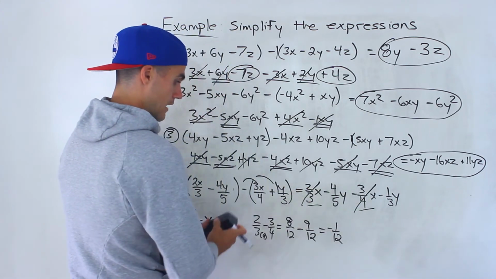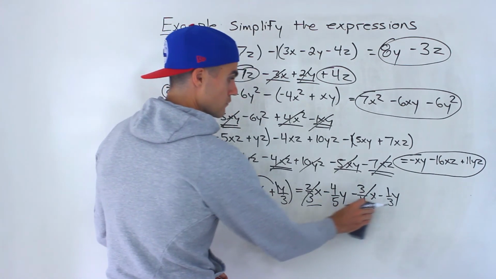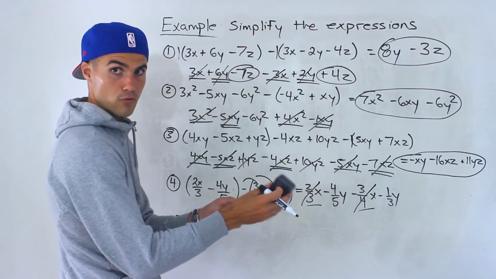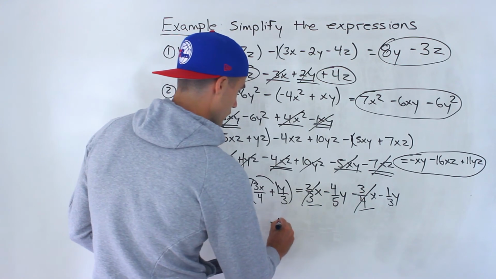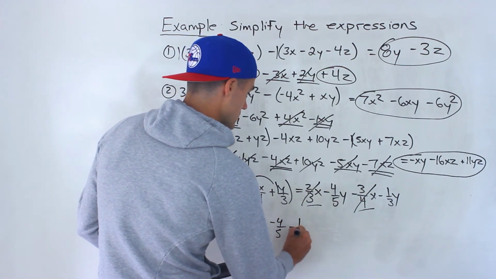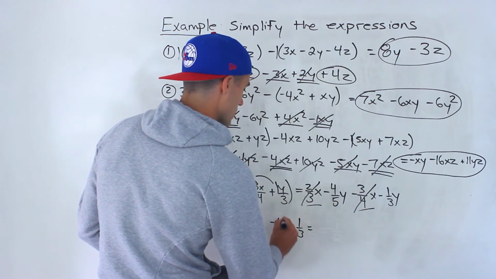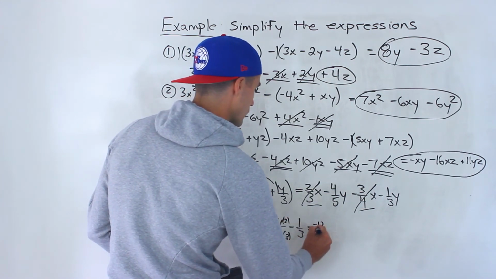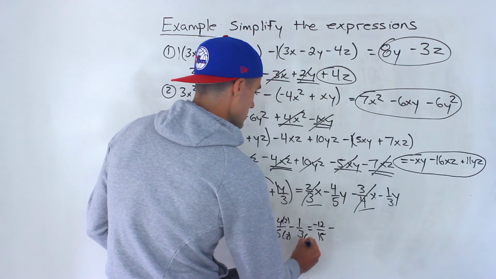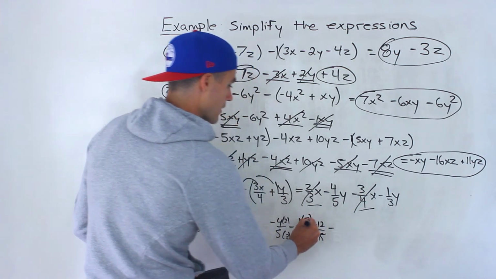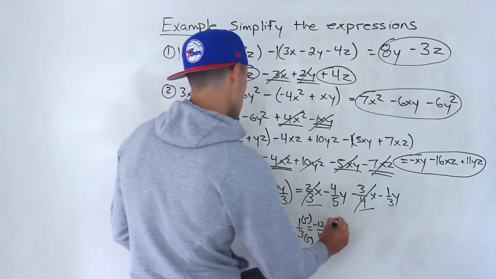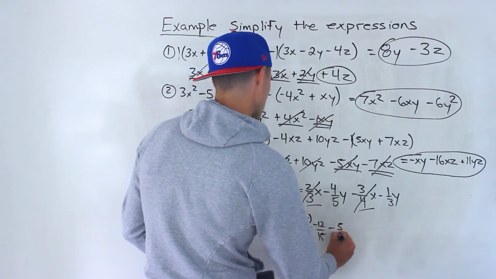And then we'd have minus 4 over 5 minus 1 over 3. Those are like terms, they have a y in front. Common denominator would be 15. Multiply this by 3, so we'd have negative 12 over 15 minus, multiply this by 5, so minus 5 over 15.